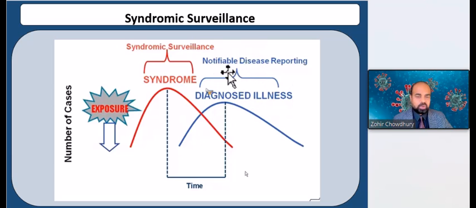That would be like the notifiable disease reporting typically done at the national or community level, whereas syndromic surveillance looks at specific syndromes, and once the number reaches a specific threshold, it gives you a signal that something is happening in this community and you need to look at it further in more detail. And this extra time that you gain is the main goal and rationale of syndromic surveillance.